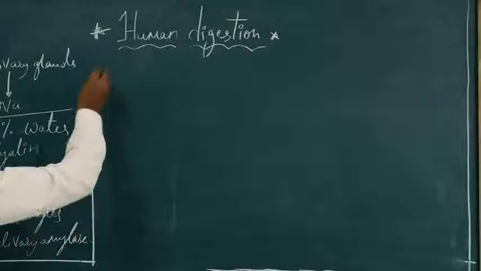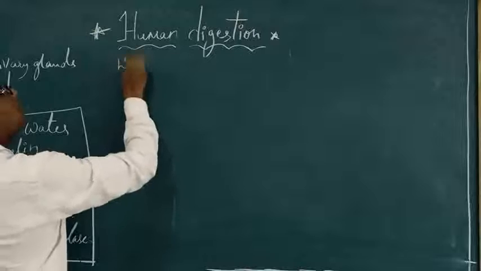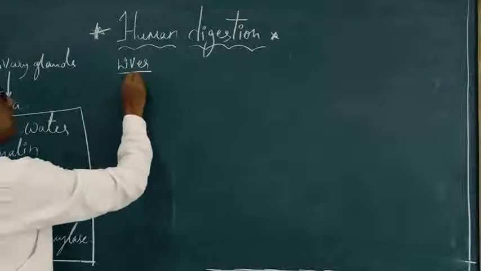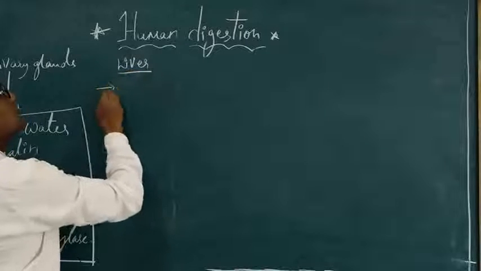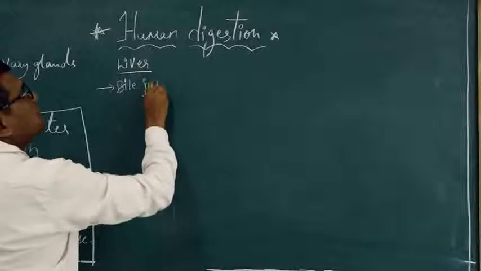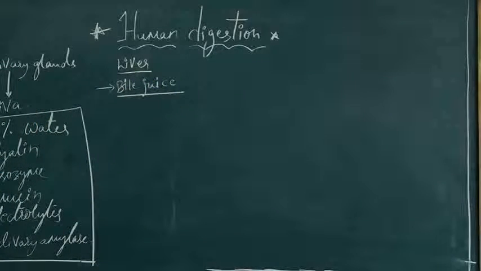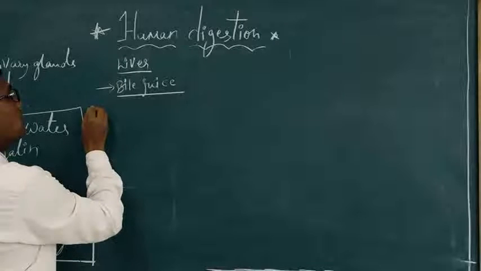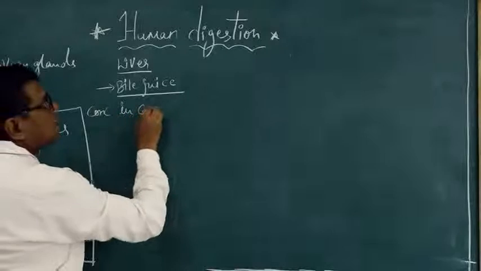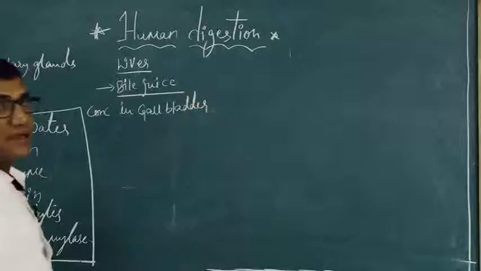And the next, the second one, liver. Liver produces bile juice. Bile juice is concentrated in the gall bladder.